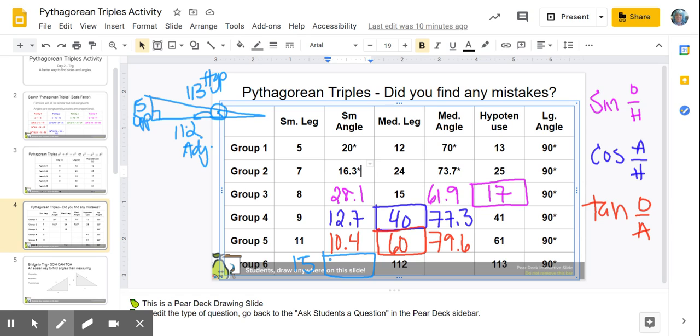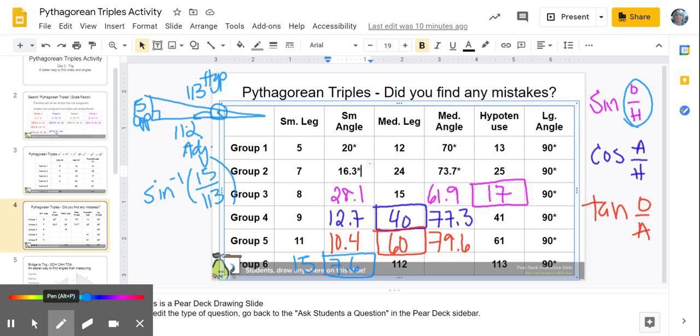I definitely got 7.6. So let's figure out how we got that. If we use sine, sine is opposite over hypotenuse. All I'm going to do is substitute in those numbers. My opposite is 15 and my hypotenuse is 113. So if you put that in the calculator, you should get 7.6.